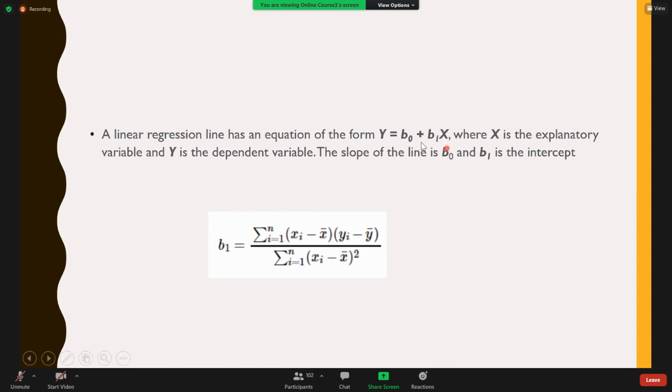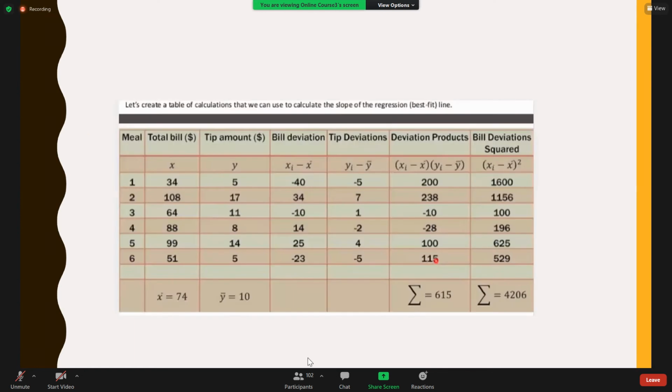We find the regression coefficients B0 and B1. Once we find B0 and B1, then y equals B0 plus B1 into x acts as the linear regression model. This problem we have solved. This is the numerator. What is the numerator here?